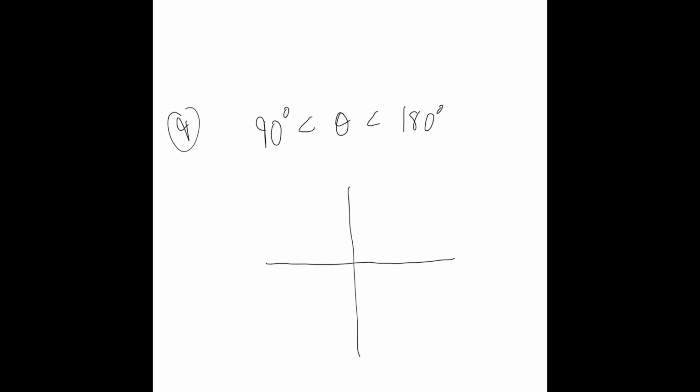All right, number 9 tells us that theta is between 90 and 180. So here's 90 and 180, somewhere here. And it tells me that tangent theta is -24/7.